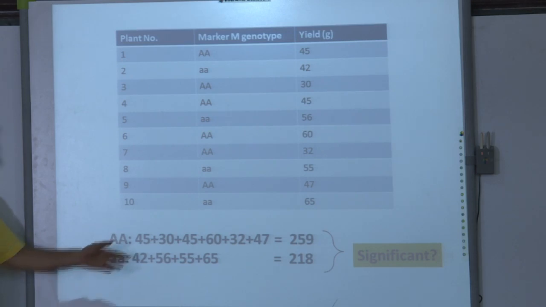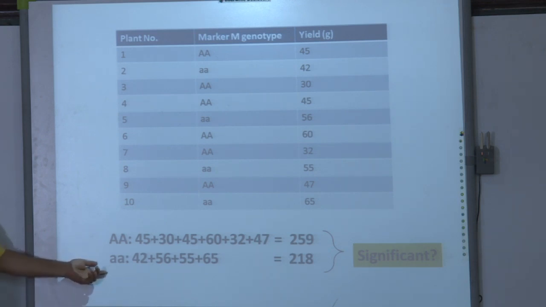Now you see, I have got 259 for AA and 218 for small a. Is the difference between 259 and 218 statistically significant? I may use an F-test or a t-test. If you have two groups, you use the t-test.